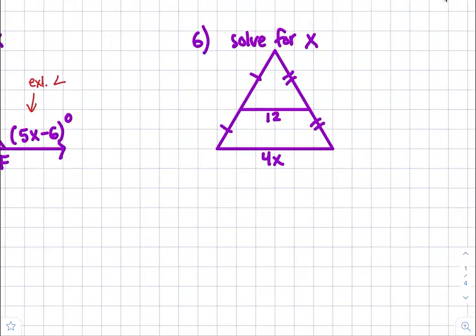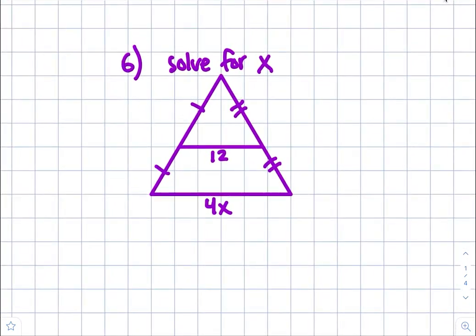Okay, number 6. Now when you guys have this thing called a mid-segment, pretty much it's the midpoint. It's connecting the midpoint of both of these two sides. This is half of this, or this is double of this length right here.